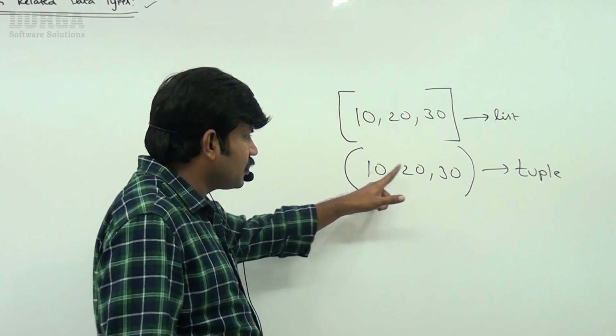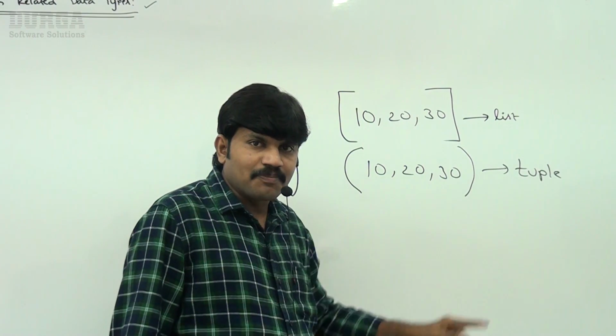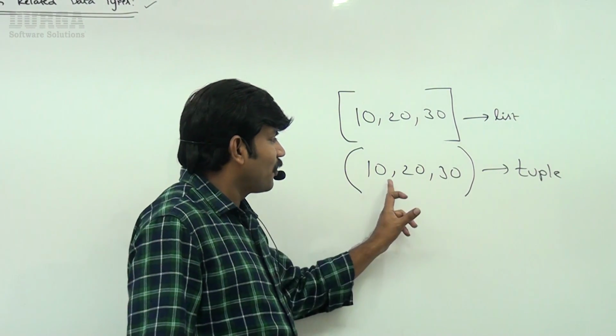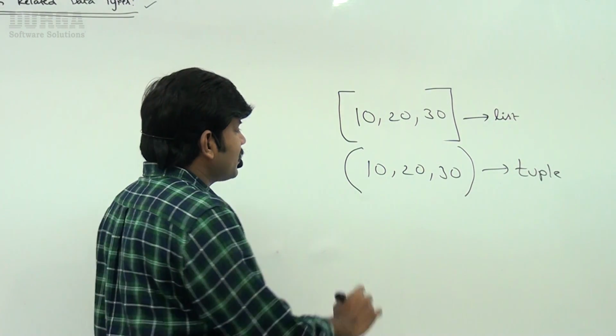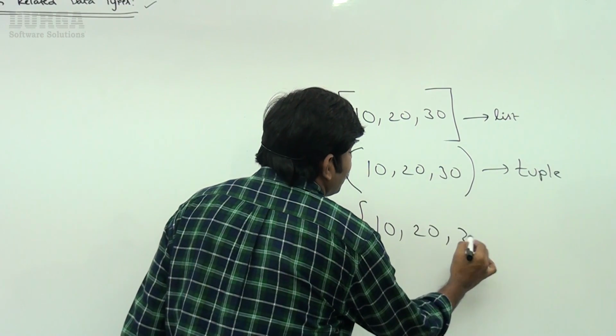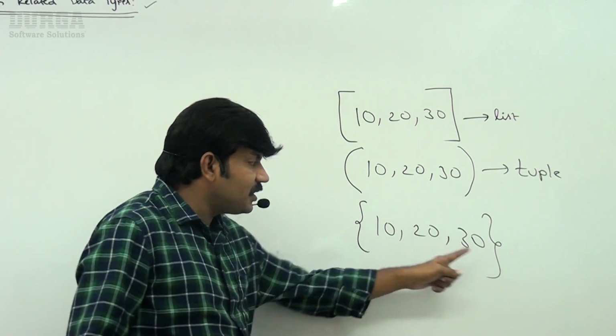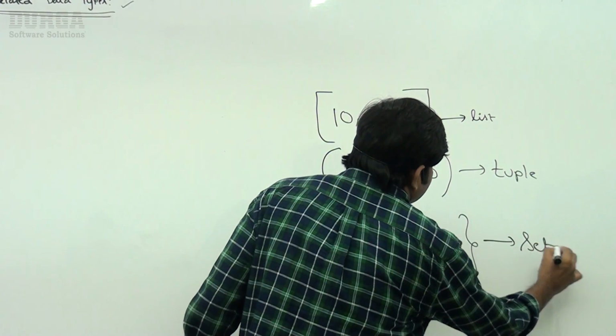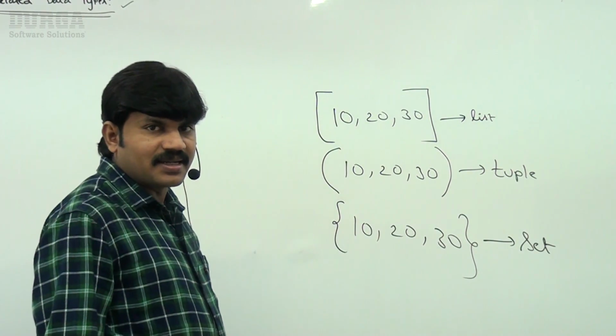Tuple is 10, 20, 30. Some people may pronounce it as tuple, whatever your pronunciation, no problem, right? Next, if I take curly braces 10, 20, 30, just be aware that this type of thing within curly braces is called the set concept, sir. Are you getting the set concept?